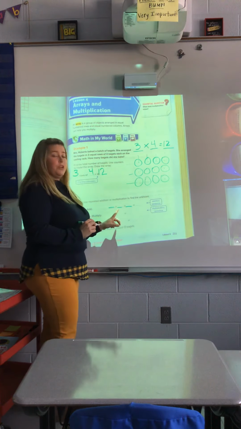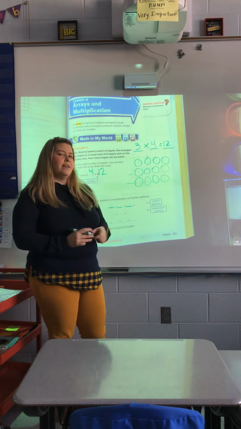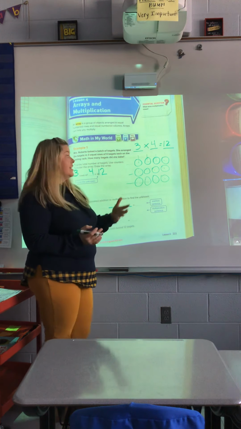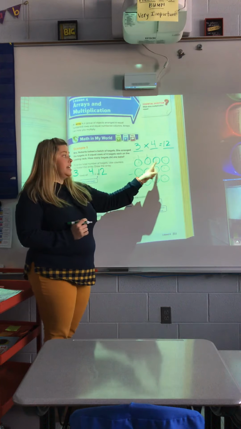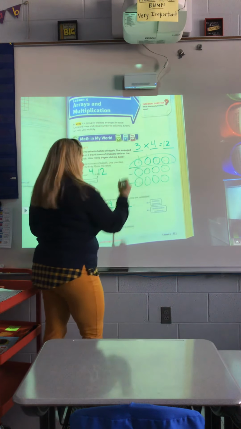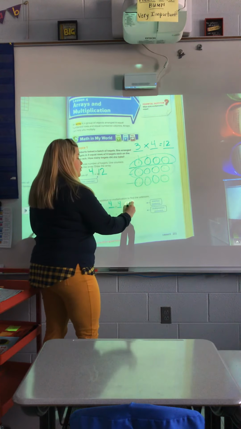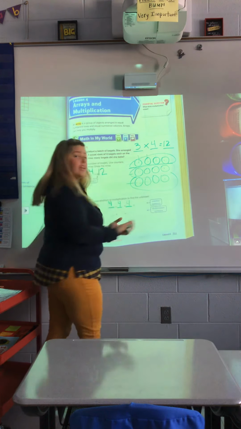They already gave them to you. What number do you think I'm going to put in each one of those blanks? Yeah, I'm going to put how many are in each row. So 4, here's a group of 4, plus 4, plus 4 equals 12.